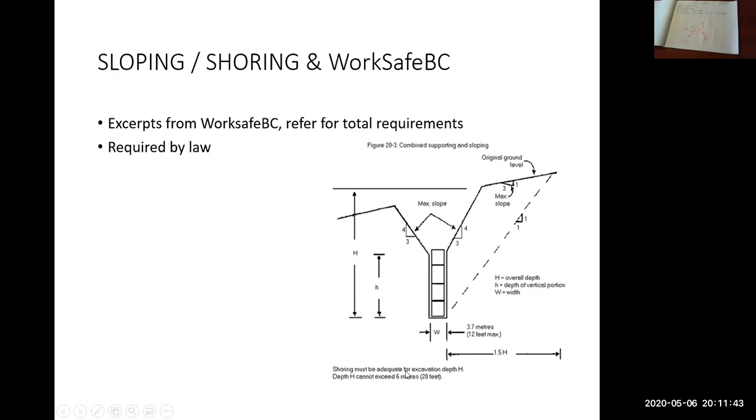So shoring must be adequate for excavation depth H. Depth H cannot exceed 6 meters. So if you have a hole or a trench or anything that you're digging that's more than 6 meters deep, you have to hire an engineer and have them design the shoring system for you. That's a requirement of WCB.